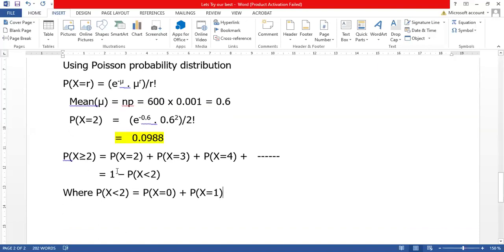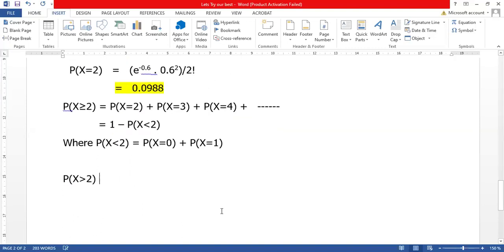Please don't make a mistake. It all depends on where you have started from. If they say the probability of x greater than 2, what do you do? Greater than 2, here there is no 2. So you get 1 minus the probability.